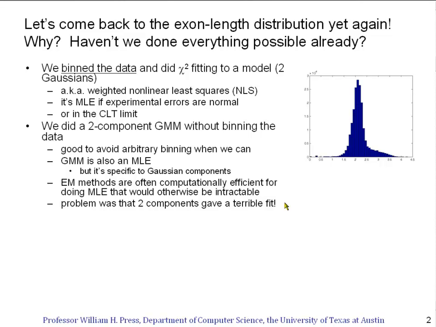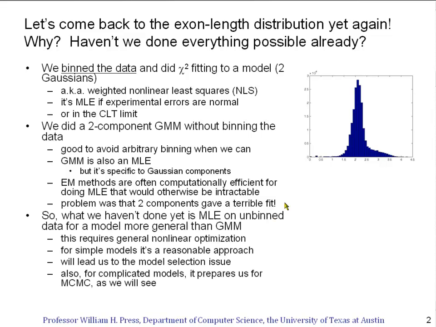And that's in segment 28 if you want to go back and review it. Well, the problem was, as we'll see, that the assumption that these components are Gaussian is just too strict for this data set. So what we haven't done yet is a maximum likelihood estimate on unbinned data, but for a model more general than Gaussian components.